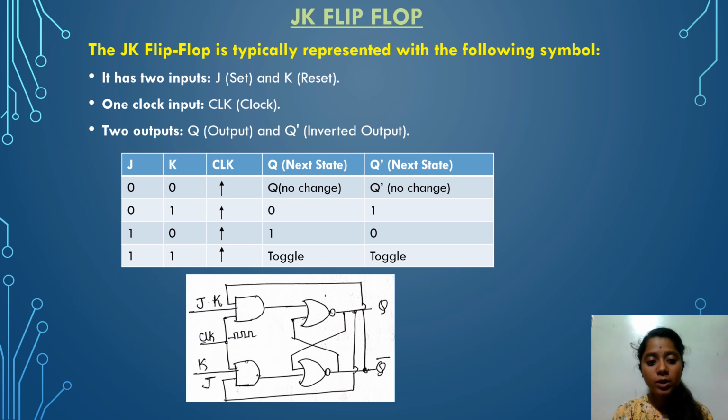And when J is equal to 1 and K is equal to 0, Q becomes 1 and Q bar becomes 0. So when both the J and K inputs are 1, the Q and Q bar switch between 1 and 0 with every clock pulse, and this state is known as toggle state. So let us move further.